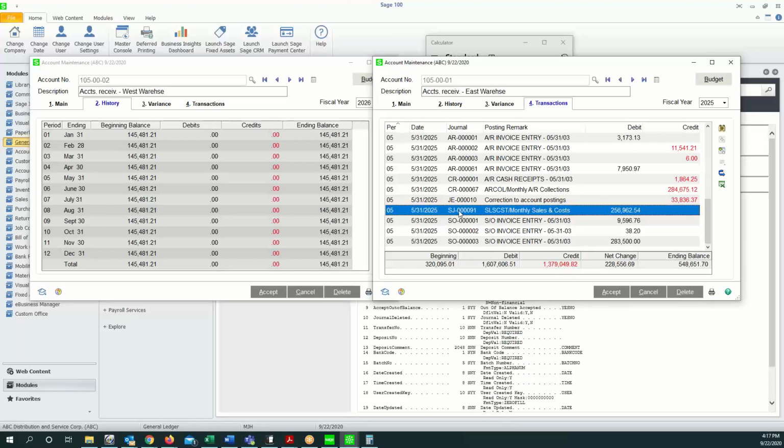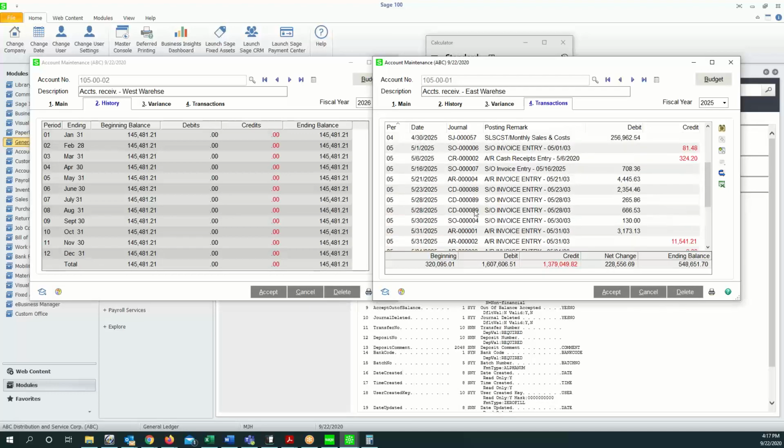And this SJ journal is something of the same nature. It is a made-up journal that we have created. It is not defaulted by Sage from any specific transactions, but it's a type of journal that we're using to have an effect on our accounts receivable accounts.